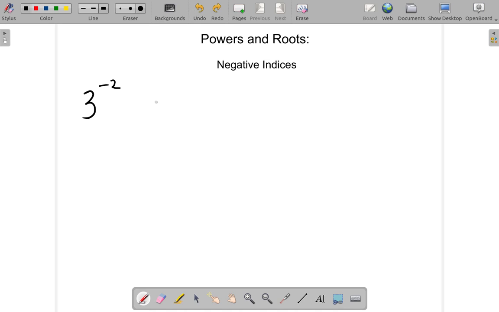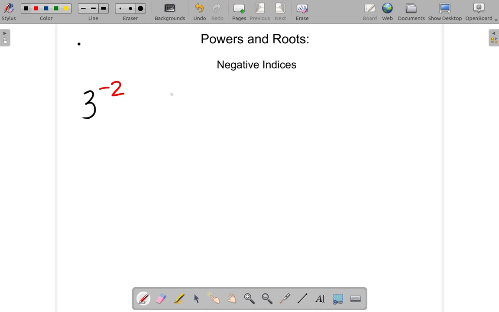Suppose we have, and I really want to come up with a situation that will give rise to 3 to the negative 2. Let me write the indices in a different color. What could have happened so that we get a 3 to the negative 2?